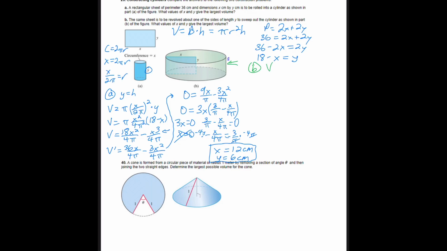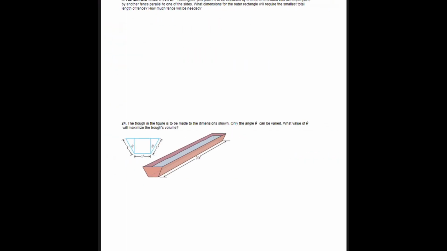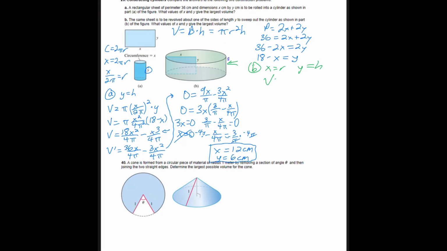Okay, so then we can try part B. So for part B, it's the same idea, but now we're talking about this circle down here. So when we plug into our formula here, the volume, we're still going to use the same formula for volume, but in this case, our x is actually our radius, and our y is our height.